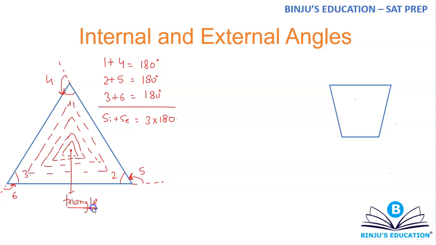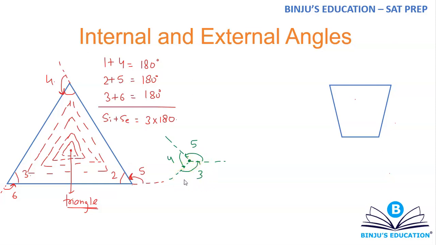Okay, so what's going to happen is your external angles around this dot or around this point can be represented as something like this. So this is your angle 5, this is your angle 4, and this is your angle 3.